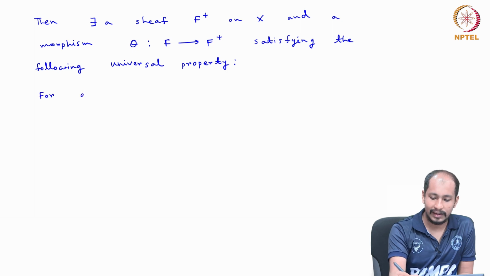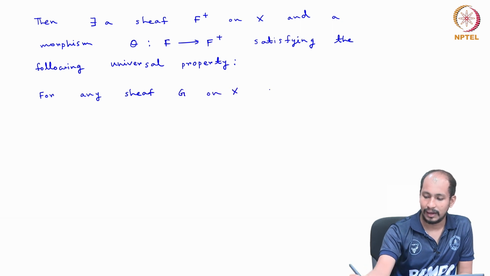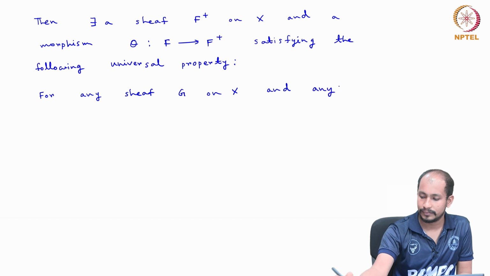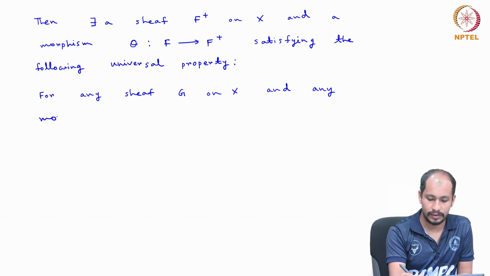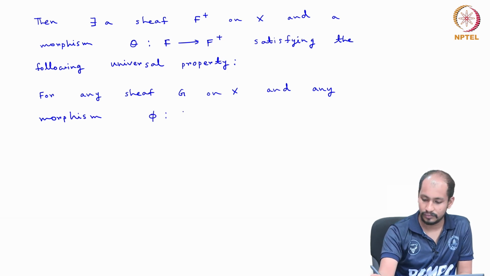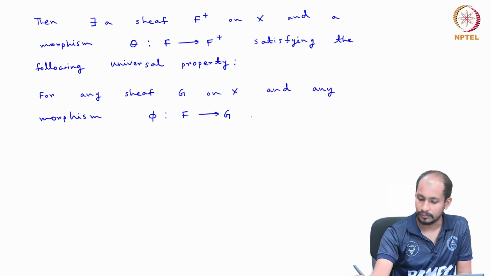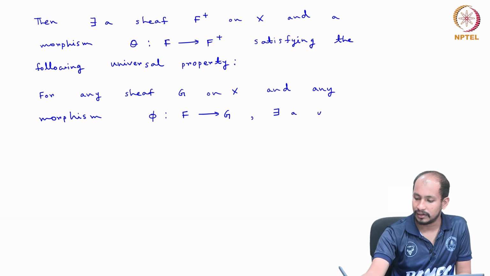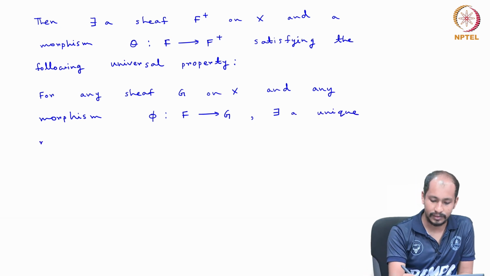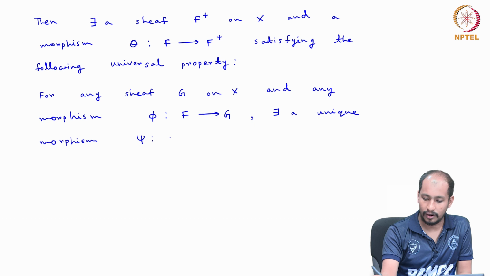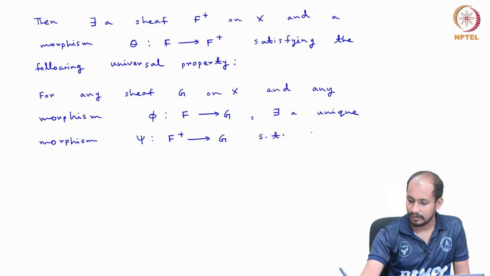For any sheaf G on X and any morphism phi from F to G, there exists a unique morphism psi from F plus to G such that psi composition theta is equal to phi.